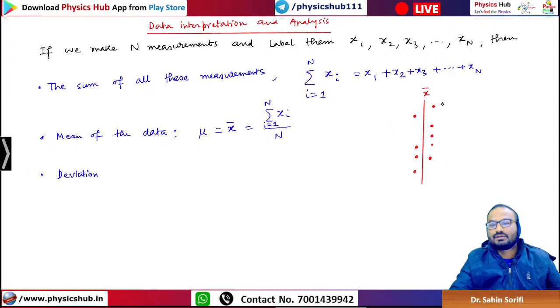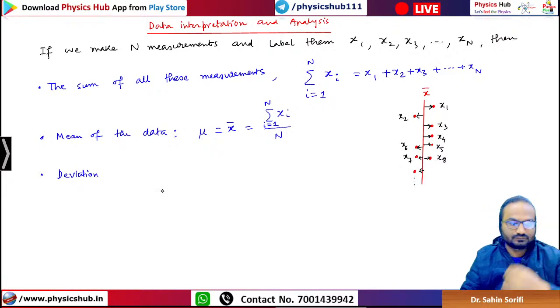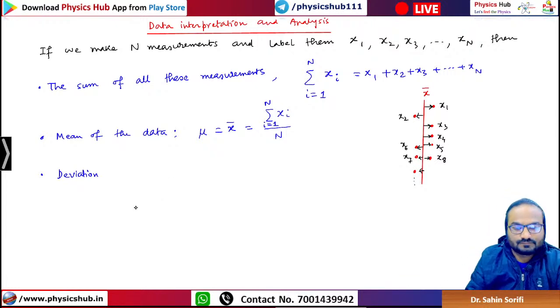Let us say this is your x1, x2, x3, x4, x5, x6, x7, x8 and so on. Now this difference between the data and the average value is a deviation. It may be positive, it may be negative, right?